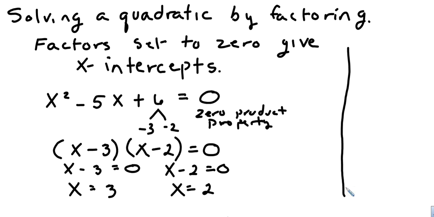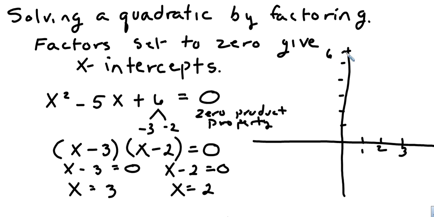And if I sketch out a quick graph here and think about some of the things that I know about this graph, I know by looking at the value of c that this has a y-intercept at 6. So I have a point right here on my graph. I also know by looking at the value of a that this is a smiley face graph. It opens up.